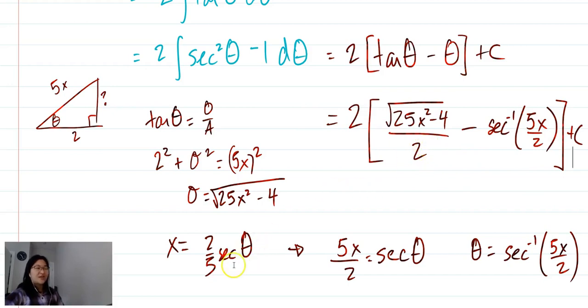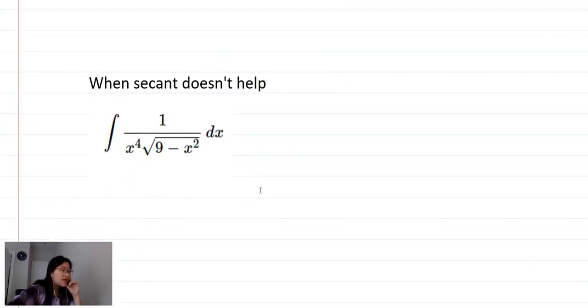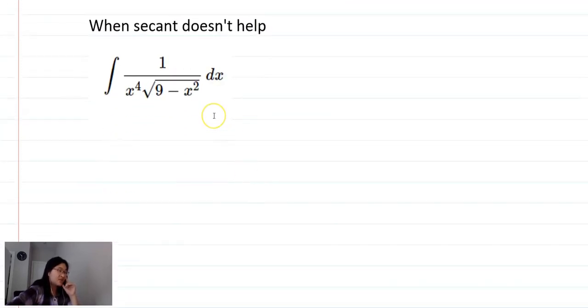I wonder how we pulled this x equals 2/5 secant theta out of our brains. Well, we can go through and talk about that. So what about when secant doesn't help, and u-sub doesn't help? Because if we make u what's inside our radical, it's not going to work, right? Because this x to the 4th isn't going to get reduced or anything.